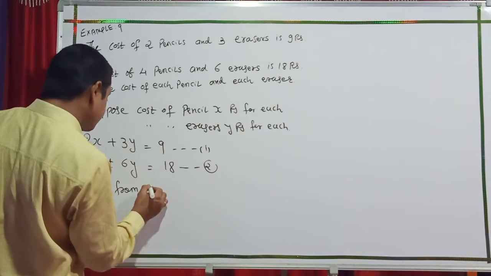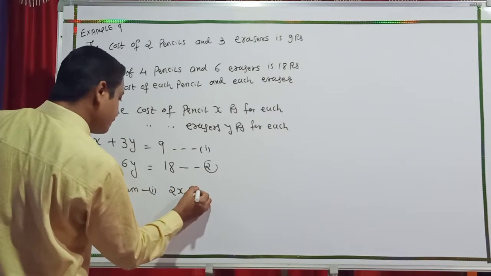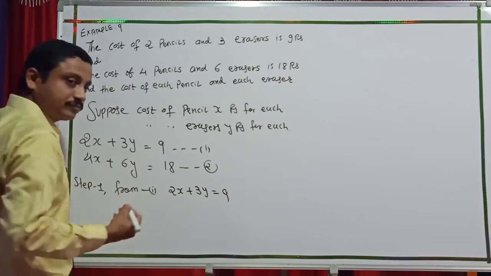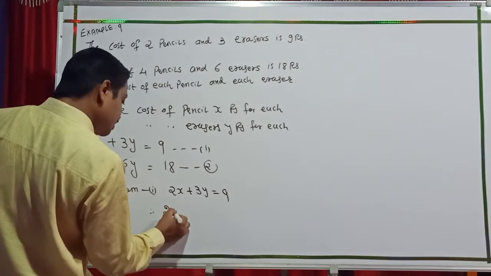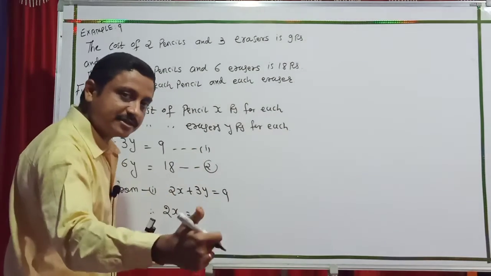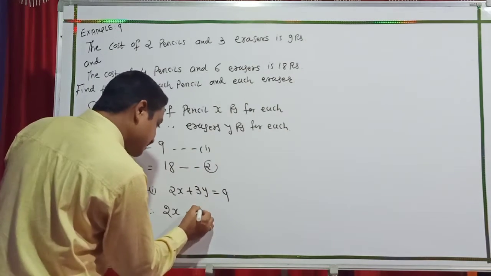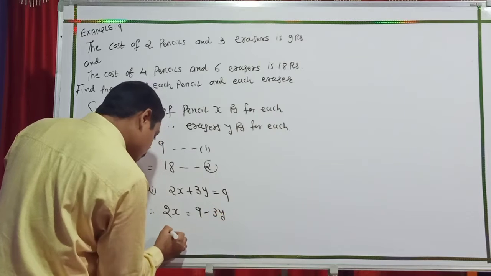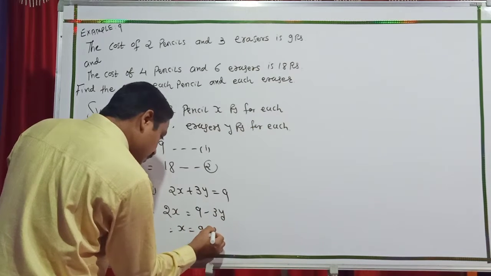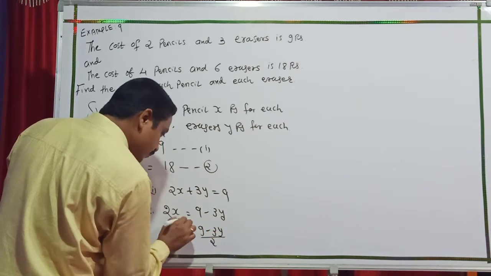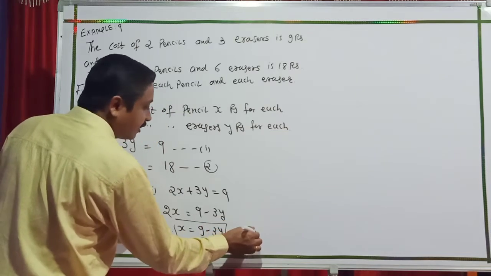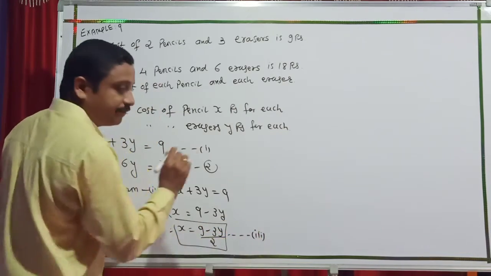I take the first, 2x plus 3y equals 9. Separate either x or y. I separate x: 9 minus 3y, so x is 9 minus 3y by 2, and that is your equation number 3.